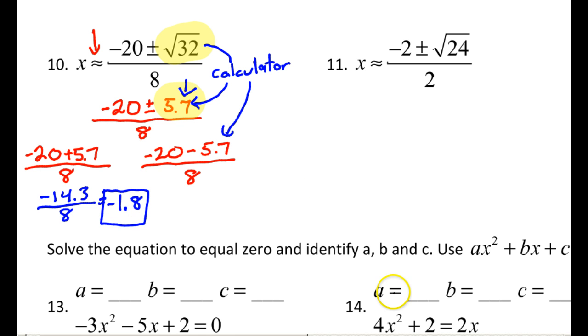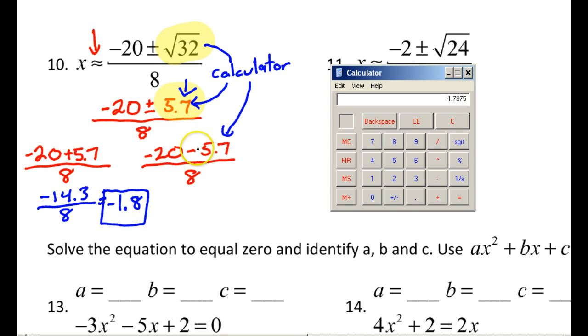And then do the same thing with the second one. Negative 20 minus 5.7 equals negative 25.7 divided by 8, negative 3.2.